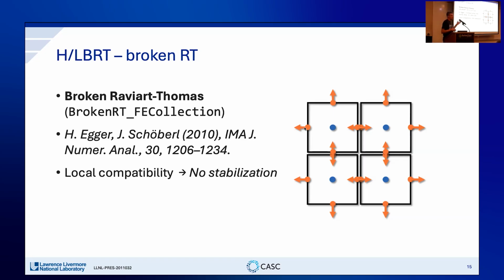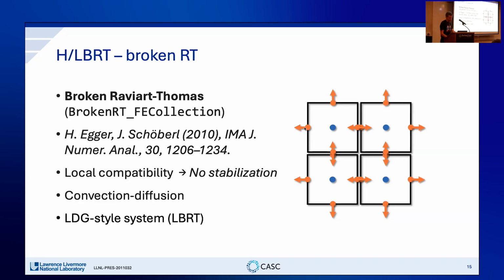So we don't need any stabilization term here. But due to the discontinuity, we can easily do some upwinding and solve also for convection-diffusion cases. Or we can get back to that LDG kind of formulation, which I call LBRT.